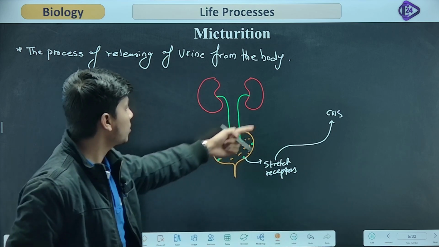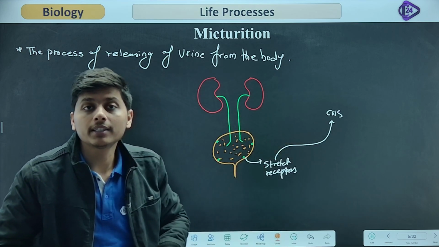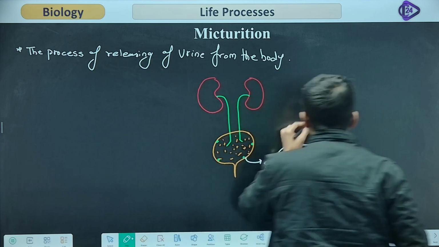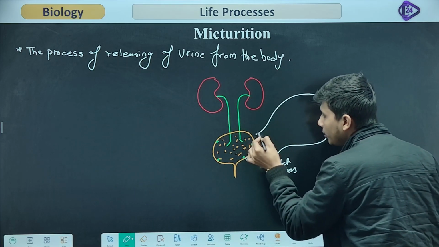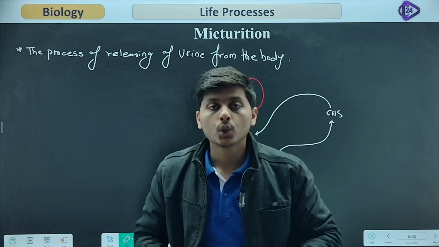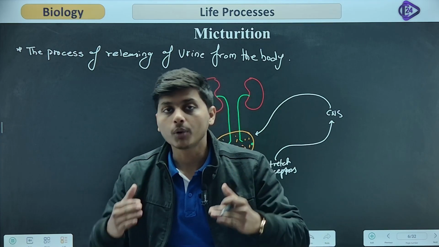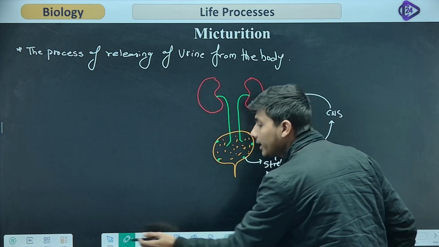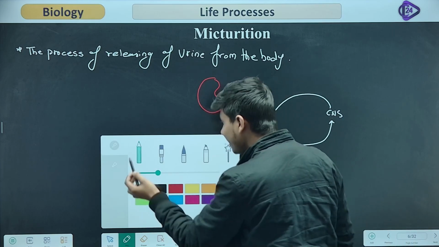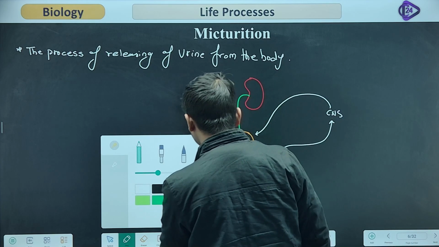They send a message to the CNS that the urinary bladder is filled. It's time to remove urine from the body. Then our CNS sends a signal to the urinary bladder and starts contraction in the urinary bladder to remove urine from the body. How does our urinary bladder get stretched? What is the special thing this urinary bladder has? So let's understand.